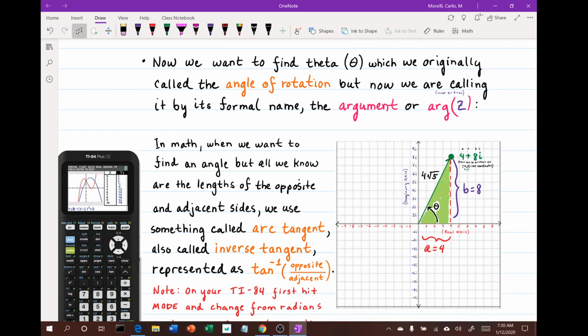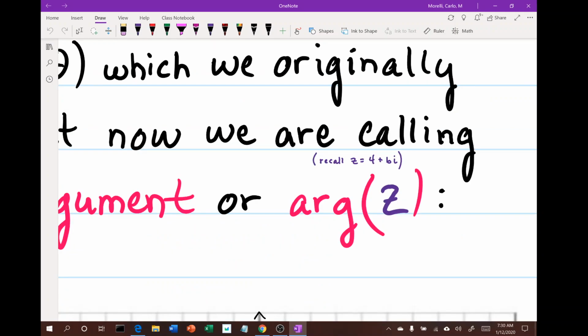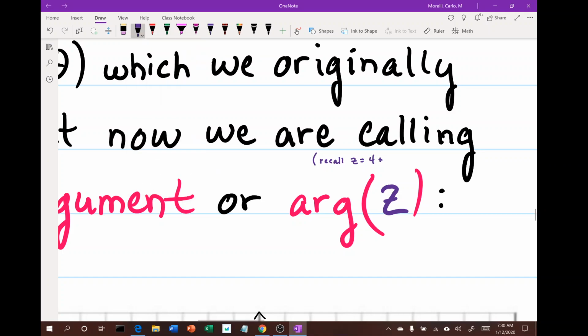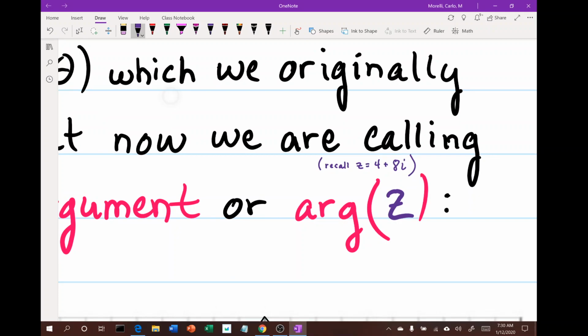So now we want to find theta, which we originally called the angle of rotation, but now we are calling by its formal name the argument, or arg z. And remember that z was 4 plus, this should have said 4 plus 8i. That was our original complex number that we were working with.